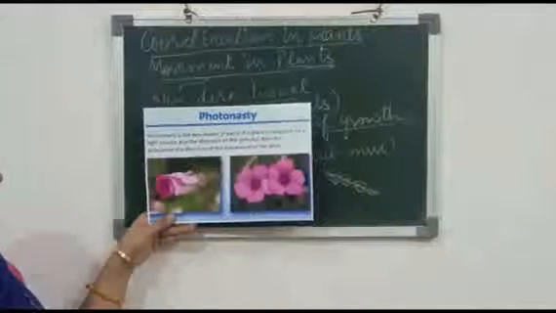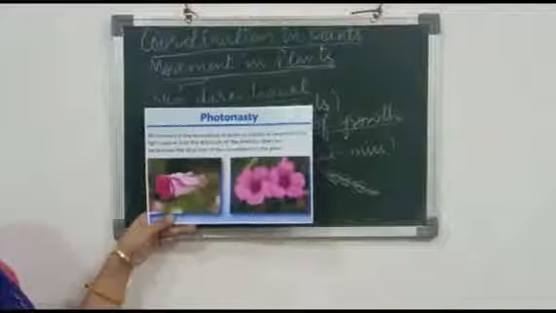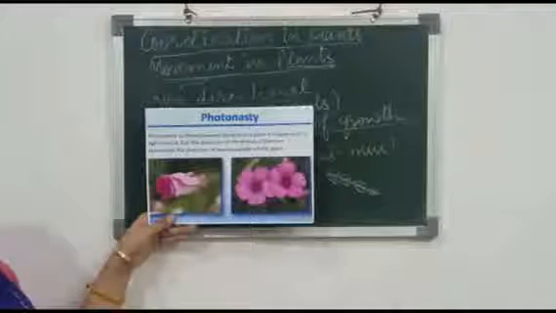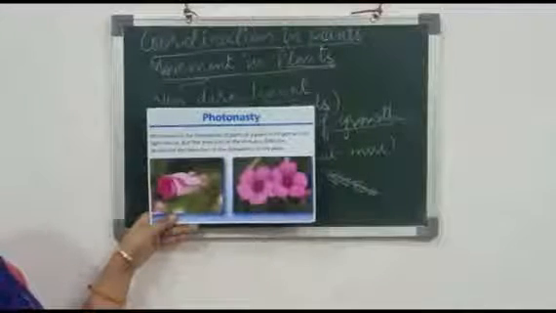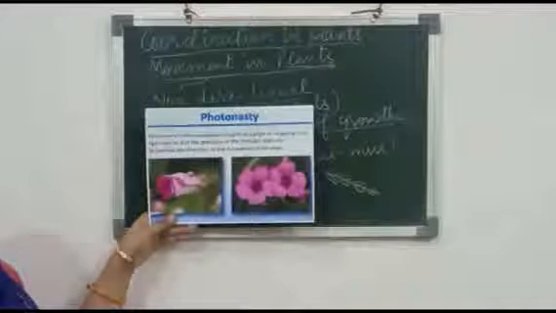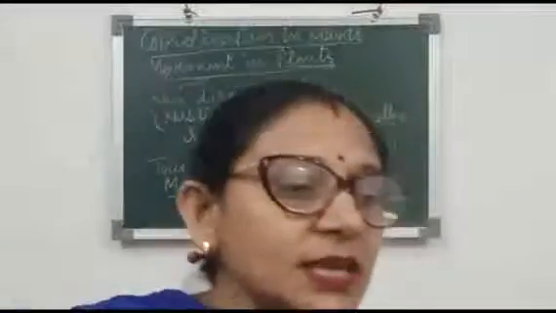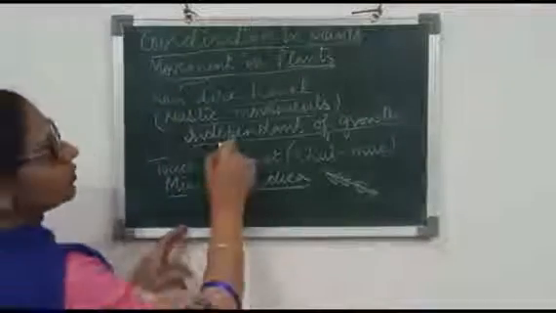So photonasty is the movement of parts of a plant in response to a light source. But the direction of the stimulus does not determine the direction of movement of the plant. So it is non-directional movement. Non-directional movement is actually independent of growth.